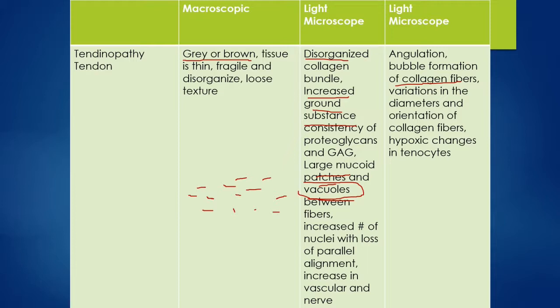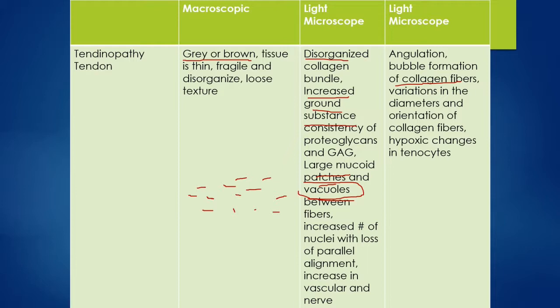And we see hypoxic changes in the tenocytes as the tenocytes start to degenerate from aerobic metabolism to a more anaerobic type of metabolism. So we see changes in the cells and we see changes in the extracellular matrix.